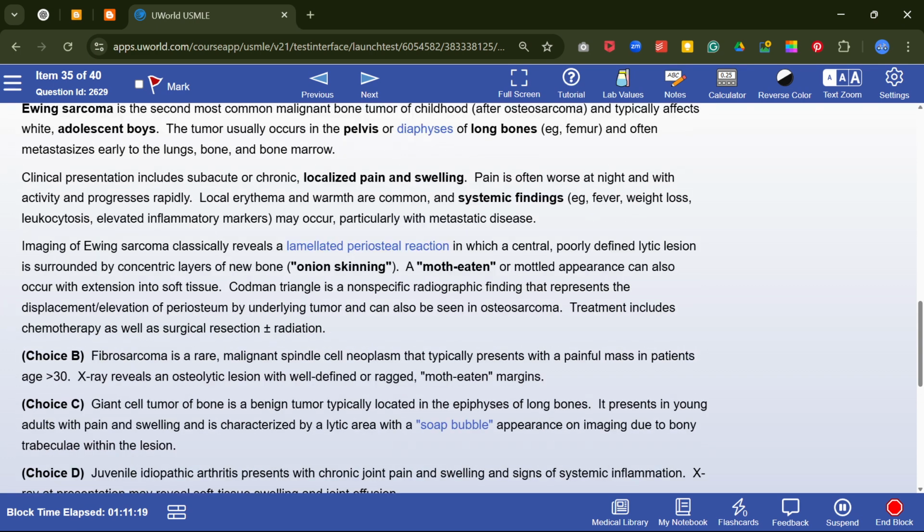A moth-eaten appearance or lamellated appearance suggests Ewing sarcoma, and also fibrosarcoma, with a ragged moth-eaten margin.